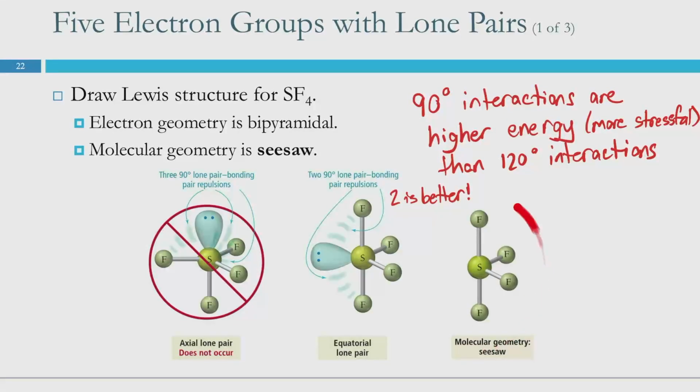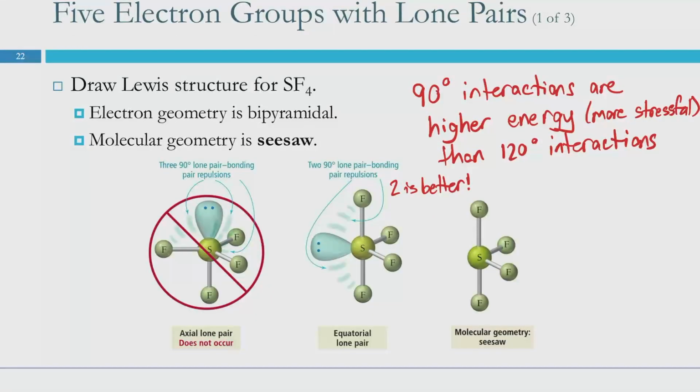And so the shape that we actually get is this seesaw shape. It doesn't really look like a seesaw the way that it's up on the board, but if you turn your head to the right 90 degrees, and you imagine that this fluorine, sulfur, fluorine, this line is sitting on the ground, these fluorines now look a little bit more like a seesaw. Or if you set these two fluorines on the ground, now it sort of looks more like a seesaw, like you'd see at a playground at a park.